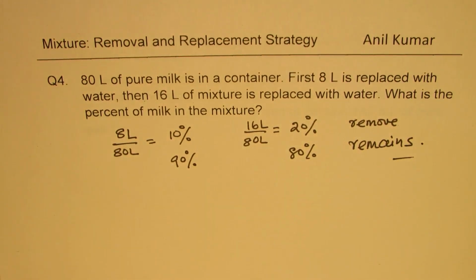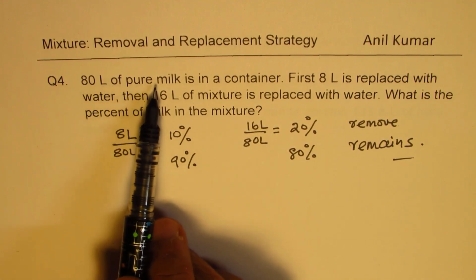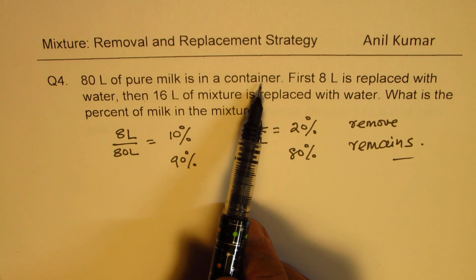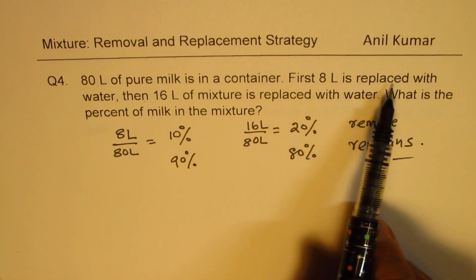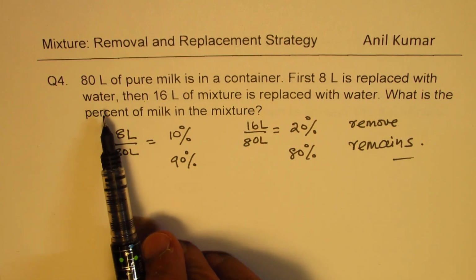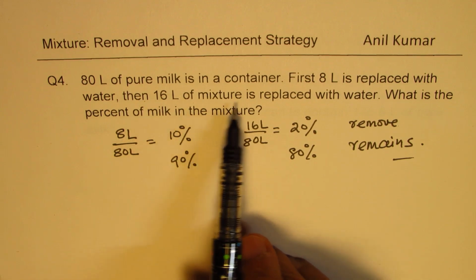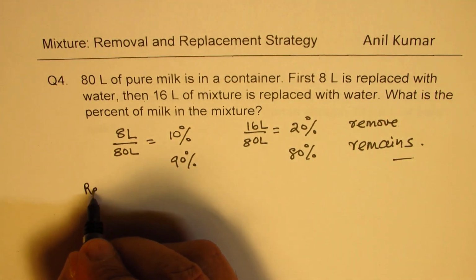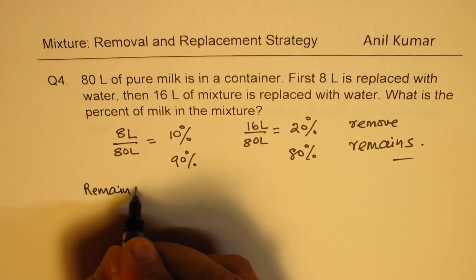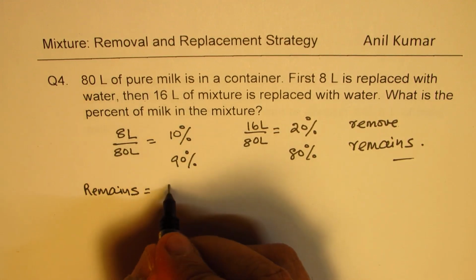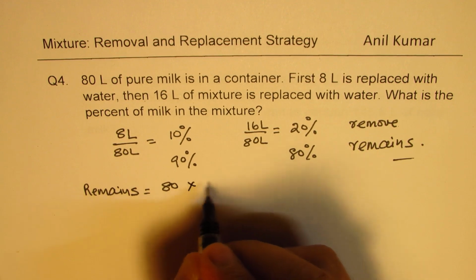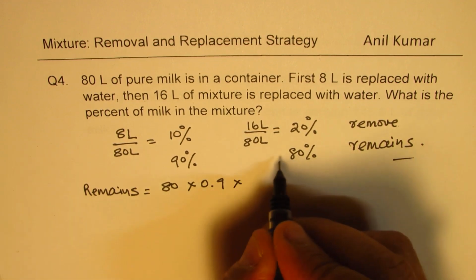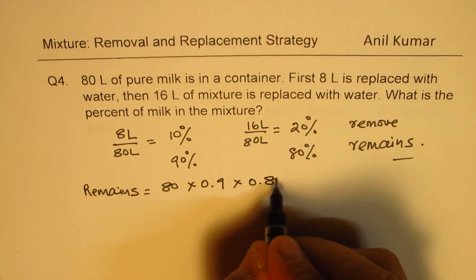Is that clear to you? We are starting with 80 liters of pure milk in the container. First 8 liters is replaced with water, then 16 liters of the mixture is replaced with water. What remains, we are talking about quantity. We started with 80, we'll multiply by 0.9 and then multiply by 0.8.